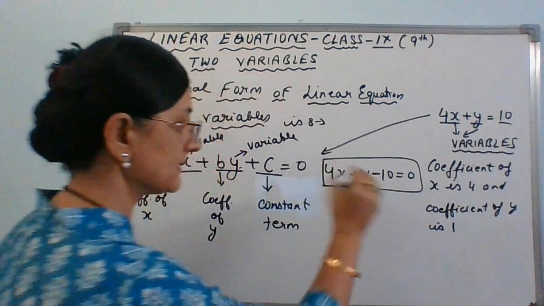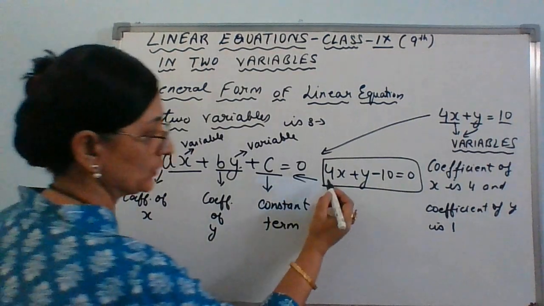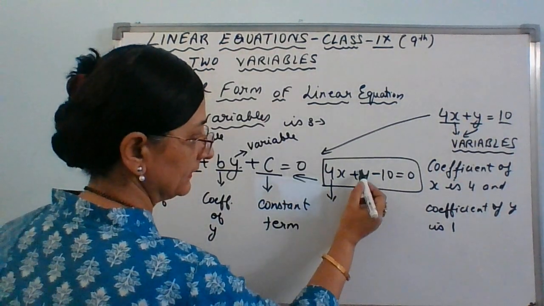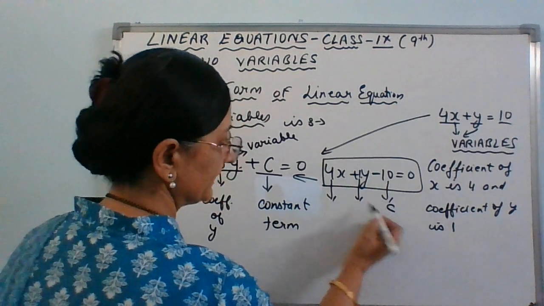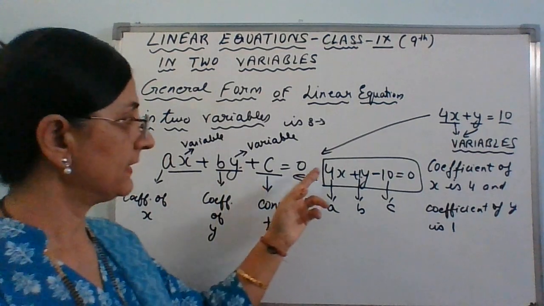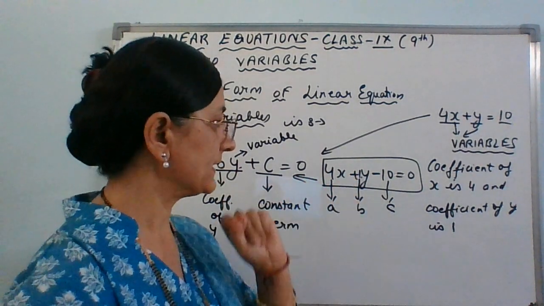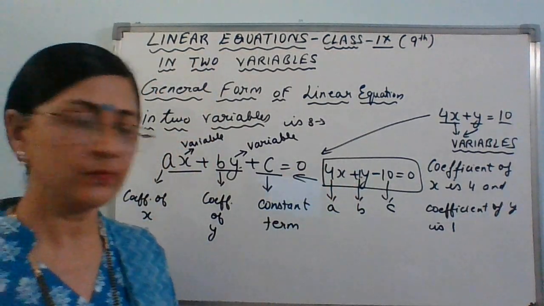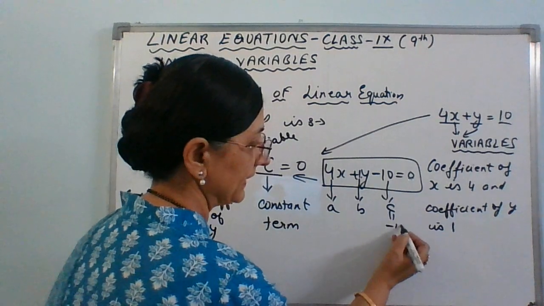So this is an equation of the form ax plus by plus c. This is the coefficient of x, 4. There is 1. If no number is there, means 1 is the coefficient of y. This is c. So it is a, it is b, and this is c. If we compare with a, b and c, a is the coefficient of x, b is the coefficient of y, and that is the constant term. Constant term here will be minus 10.